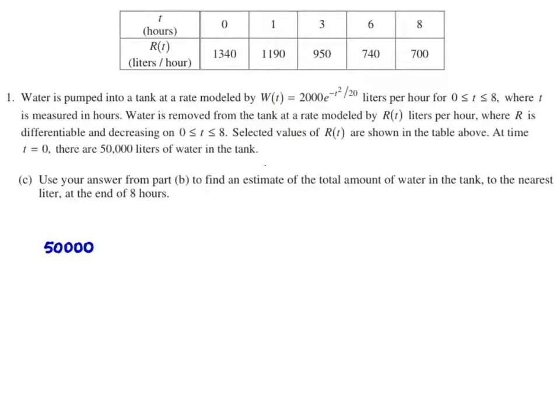So to figure out how much water is being pumped in, we're going to take the integral of W of t dt, and it's going to be over the entire span 0 to 8. And part of the reason that is true is because we need this lower bound's time to match the initial conditions time. So we're going from 0 to 8. So this is how much water we started with. This is how much water was added. And then we need to subtract from that the amount of water that was taken away.